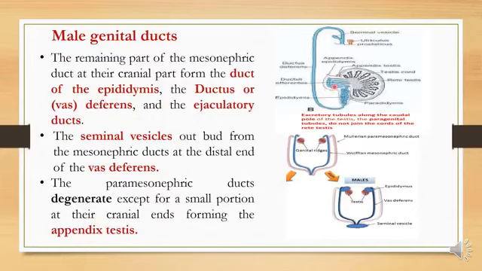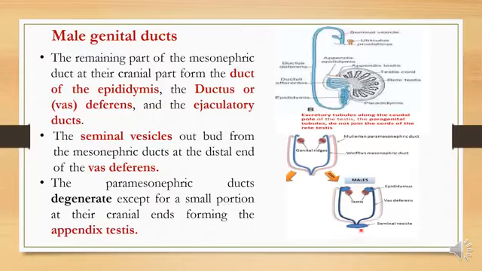The remaining part of the mesonephric duct, at its cranial part, forms the duct of the epididymis, then the ductus deferens, also called the vas deferens, and the ejaculatory duct.